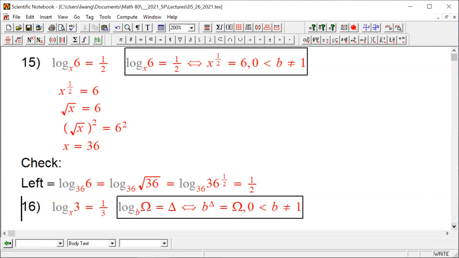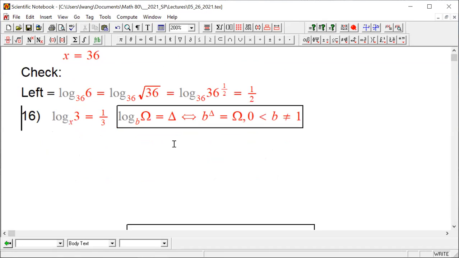Number 16. This time the scenario is that the base is to be found, right? At the position of the base, it's x. So this is x, so that's x. At the place of omega, that's a 3.